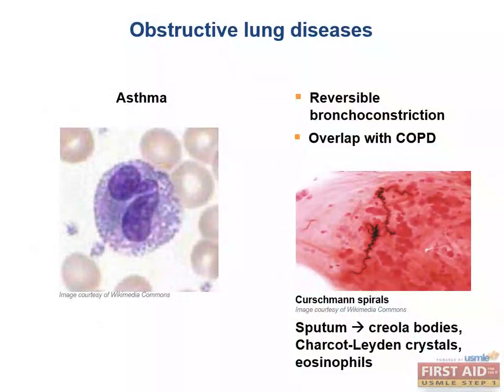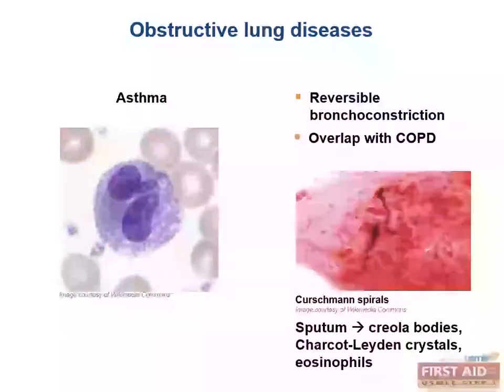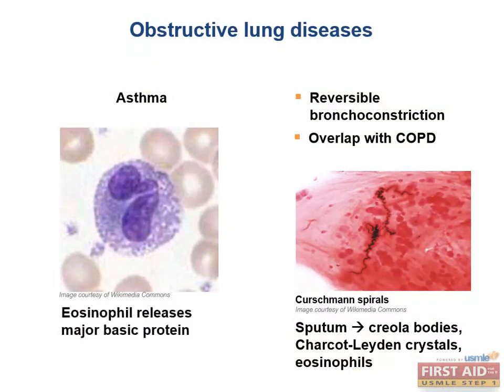What do eosinophils do in asthma? Eosinophils release major basic protein, which causes epithelial cell damage and bronchospasm in asthma. In allergic asthma, you will also see Th2 cytokines, like IL-4, IL-5, IL-10, and IL-13.